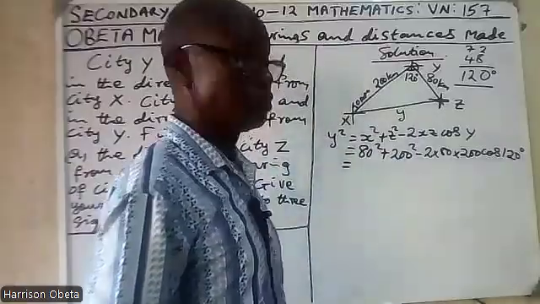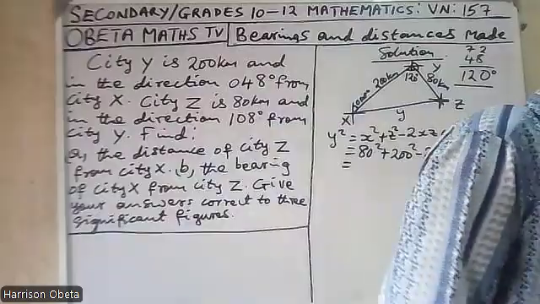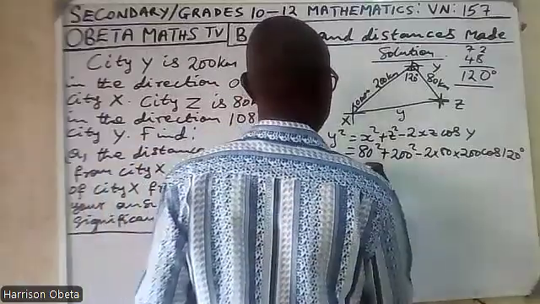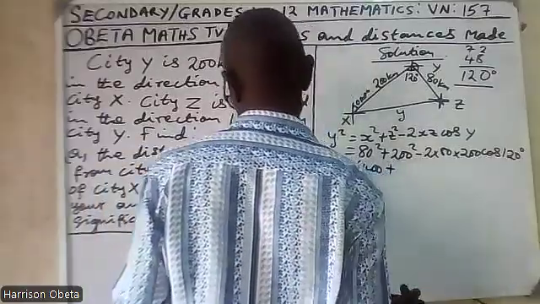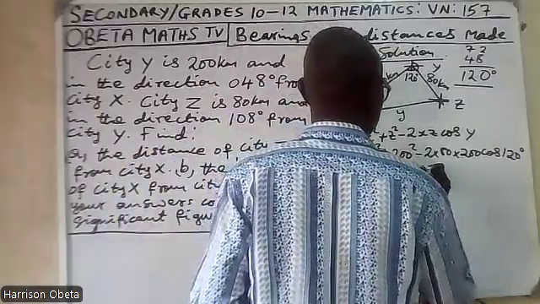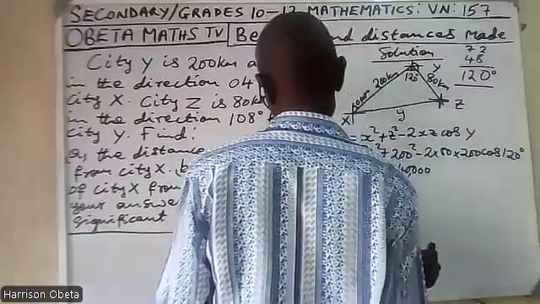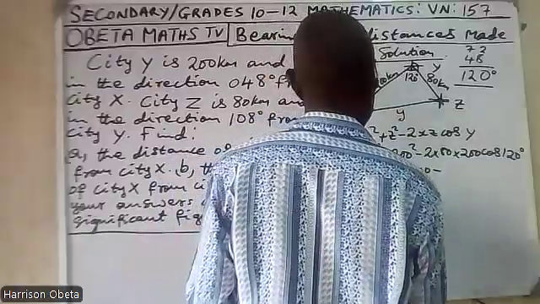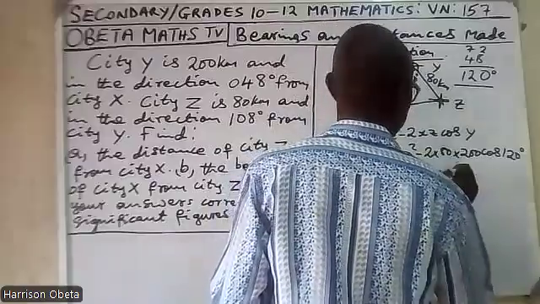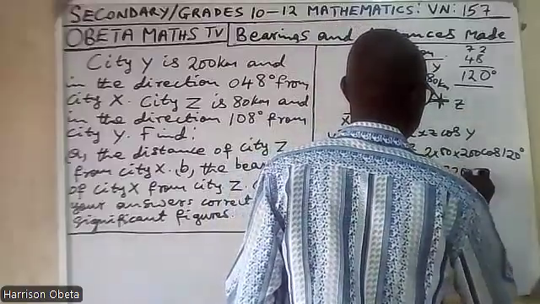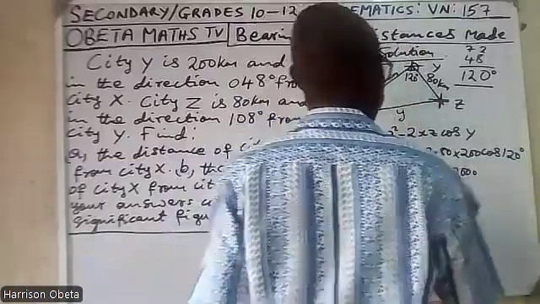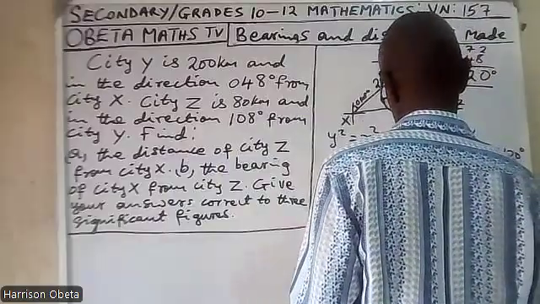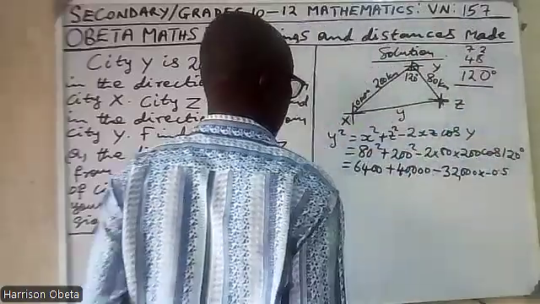So to work it out, we check our calculator, and that will give us 6,400 plus 40,000 minus 32,000 times minus 0.5. That's the cos of 120.